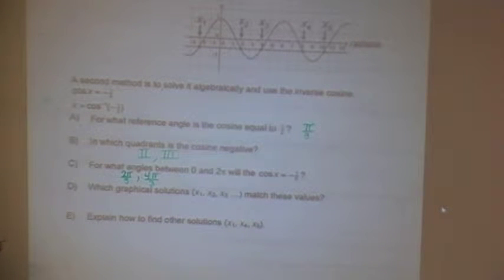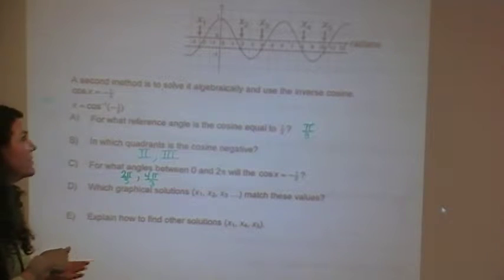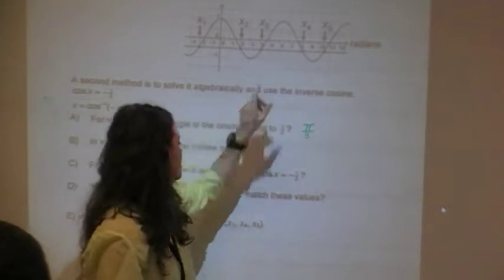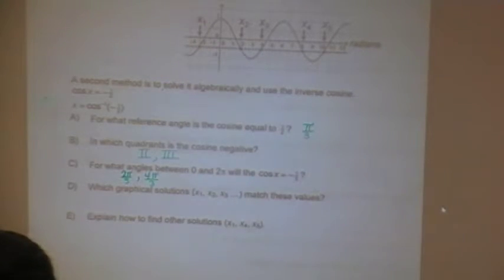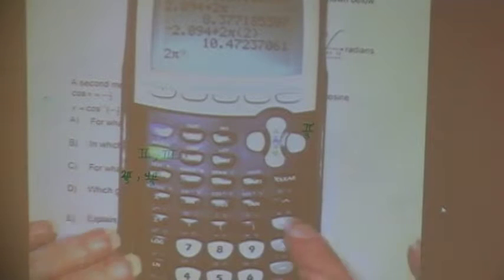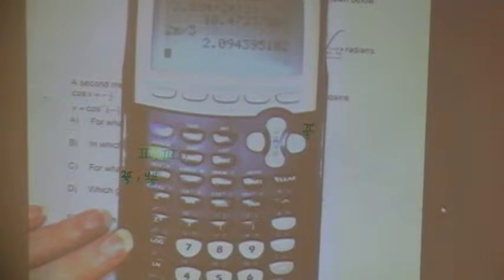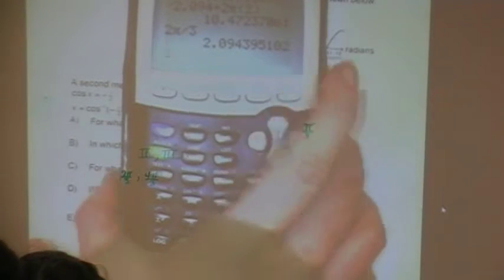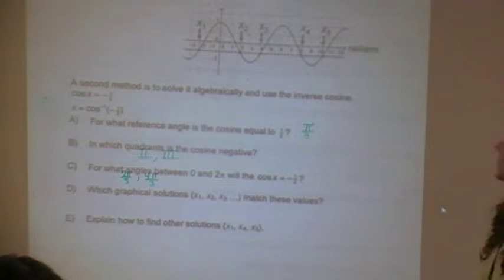Okay, so it's asking now on D, which graphical solutions, x1, x2, x3, match these values? So real quick, let's put it in our calculator. I'm going to put 2 pi divided by 3. And it gives me 2.094. Which one is that? X2.